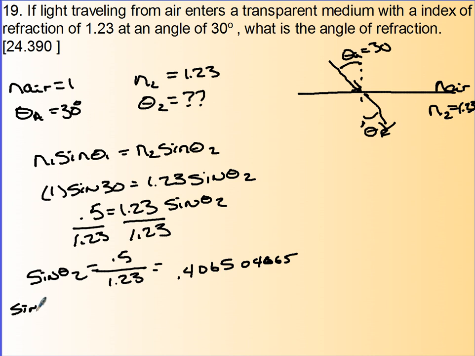So I'm going to apply inverse sine of this thing. All right, so I'm hitting inverse sine and then 0.40650465. And I'm getting an angle of 23.9. Let's just go with 24. All right, good luck on them.